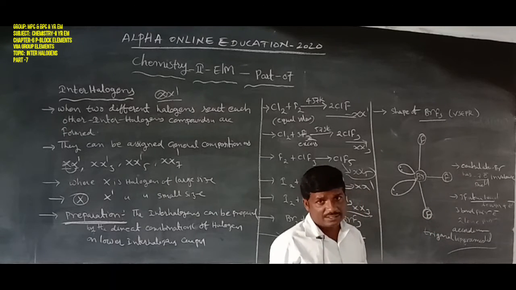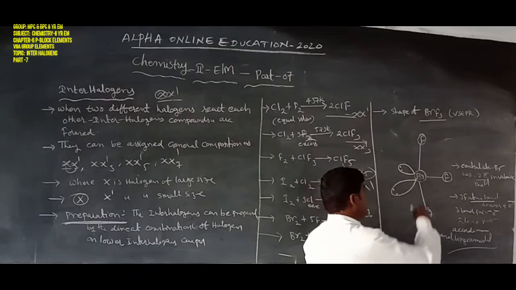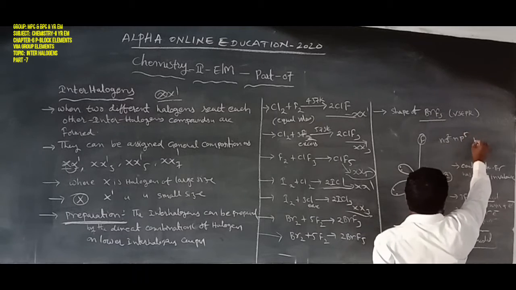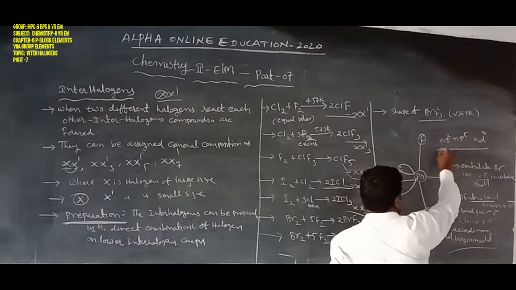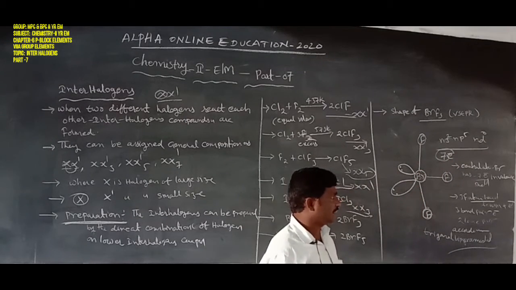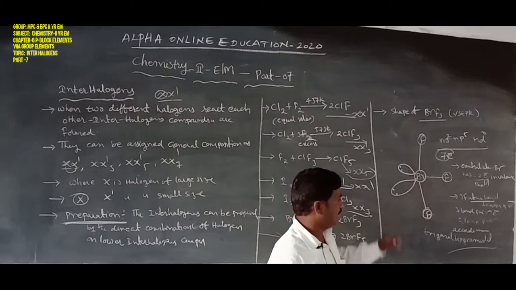Bromine is a 7A group element, with general electron configuration ns2 np5 nd0. The outermost shell consists of 7 electrons in the valence shell.